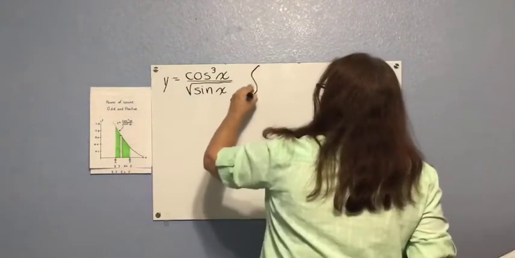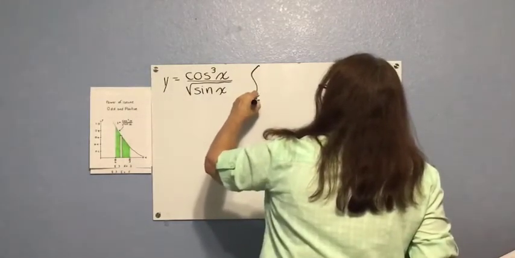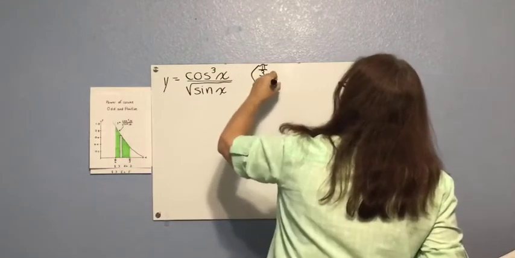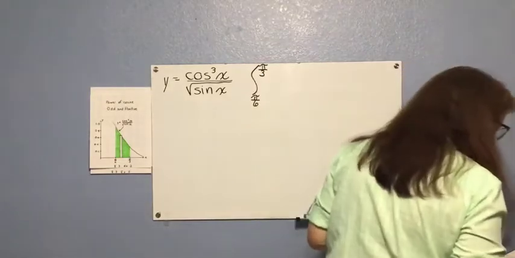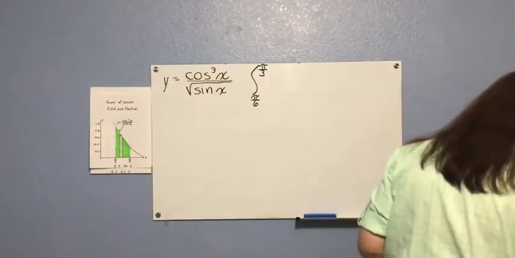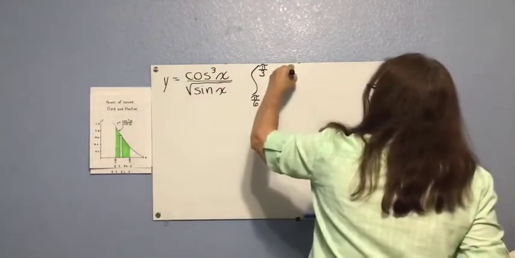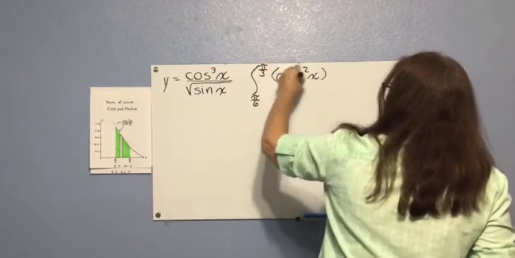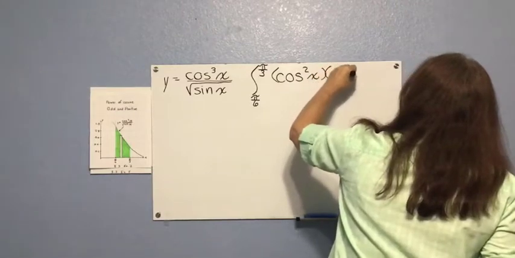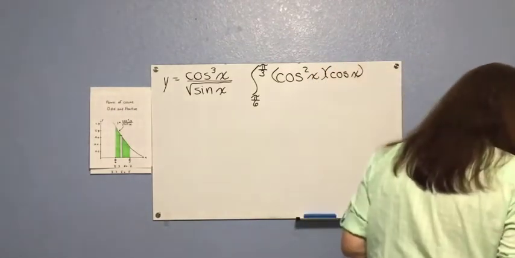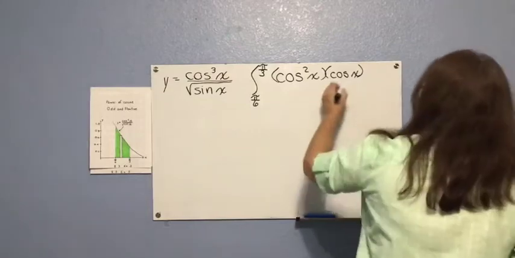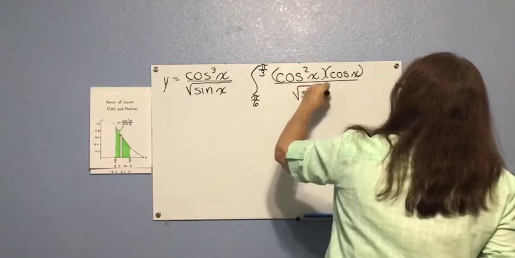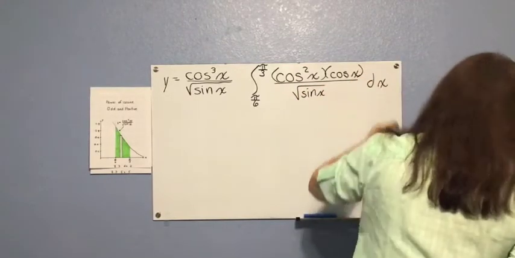We're going to take the integral from pi over 6 to pi over 3, and we're going to change that cosine cubed x to cosine squared x times cosine x divided by square root of sine x dx.